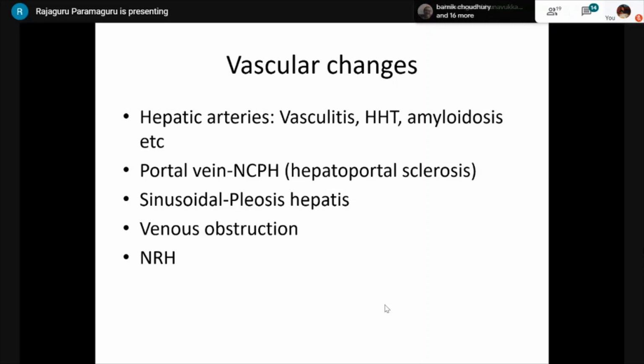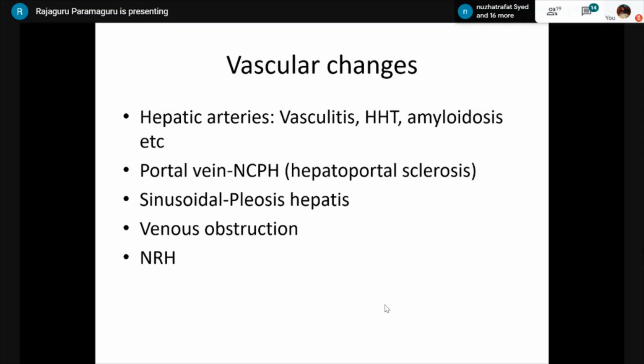And sinusoidal peliosis hepatis, which is a non-specific and incidental finding, which can happen with certain drugs and other causes. Then venous obstruction, which we had just shown a case, and nodular regenerative hyperplasia.